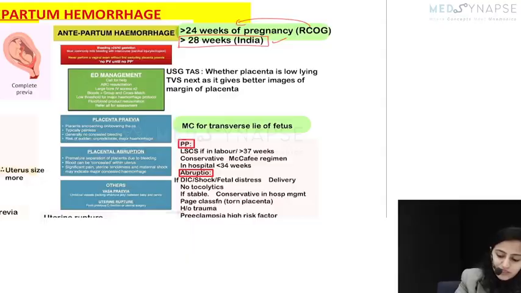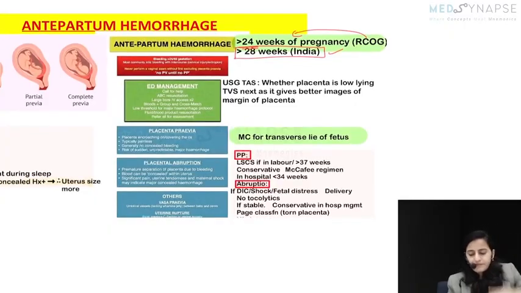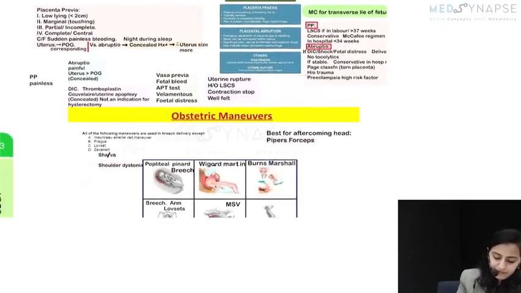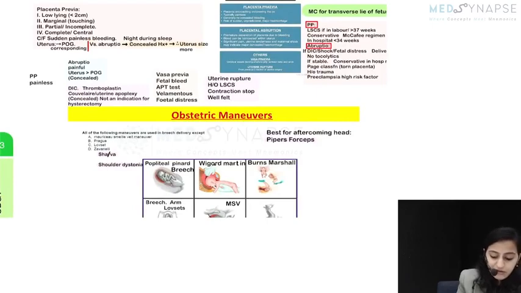According to RCOG criteria, it is after 24 weeks of pregnancy. So after 28 weeks, that is the period of viability. The hemorrhage, if it is occurring, what are the causes that you think of? What are the various causes that you think of? Placenta previa, abruptio, vasa previa, or a uterine rupture.